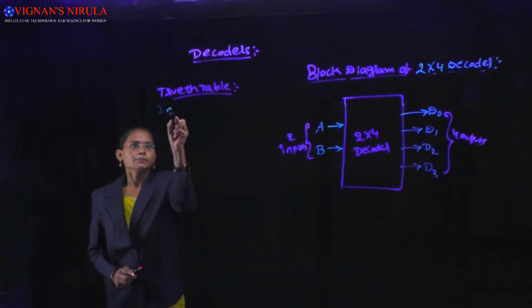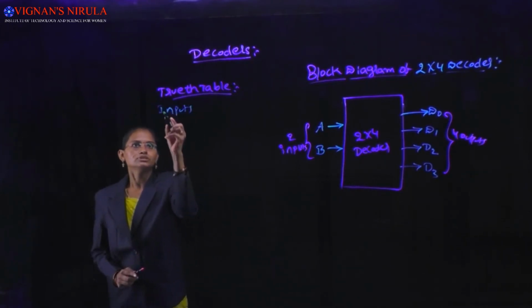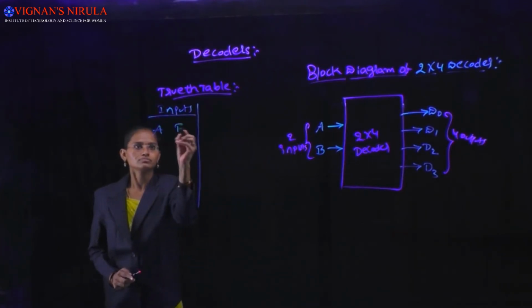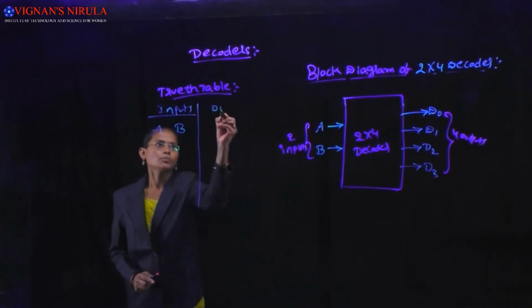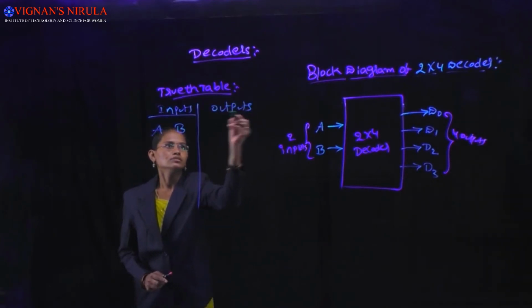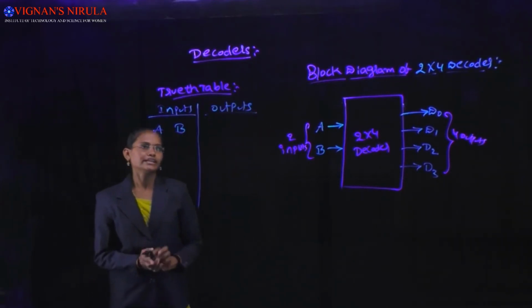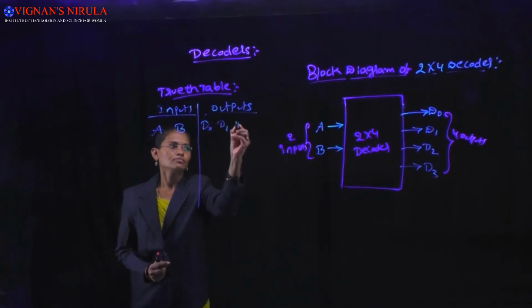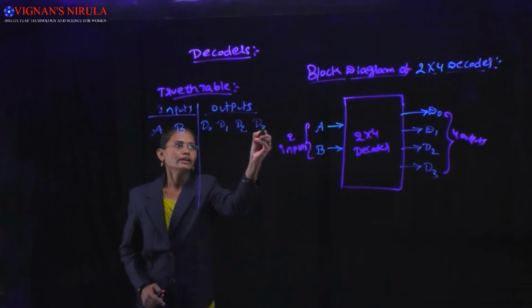In this, inputs are considered A and B, and outputs are D0, D1, D2 and D3.